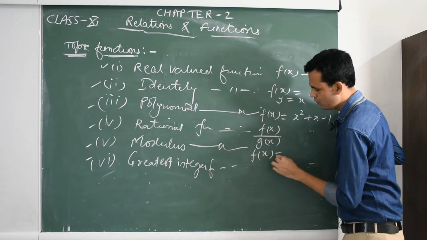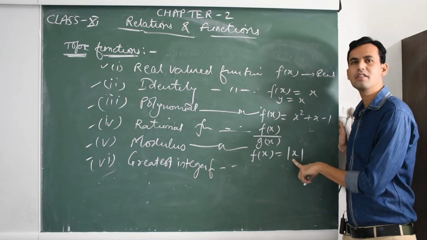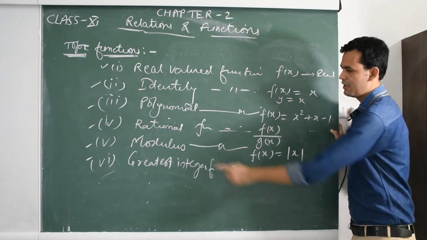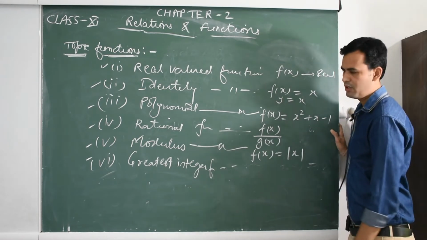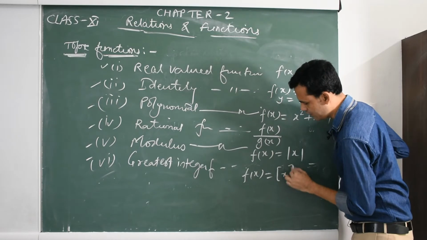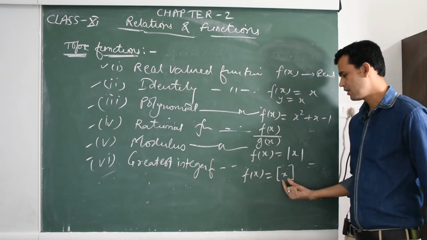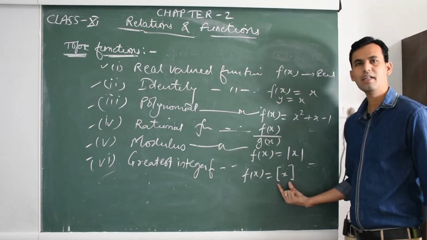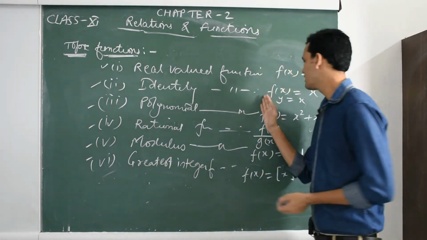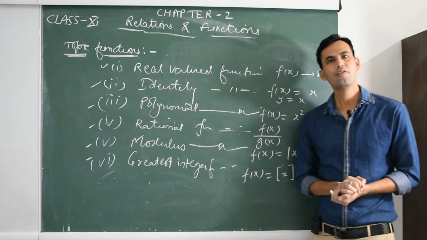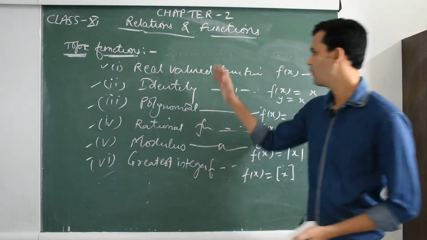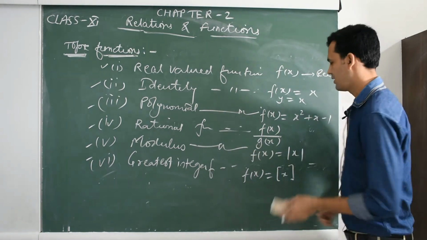Then f(x) = |x|, if the function is in modulus form, then we say that function is a modulus function. And the greatest integer function is a special type of function where the value of function is written in this bracket, and it is called greatest integer function. So these are the 6 types of functions which we see in the next exercise. These are very important for the next exercise.